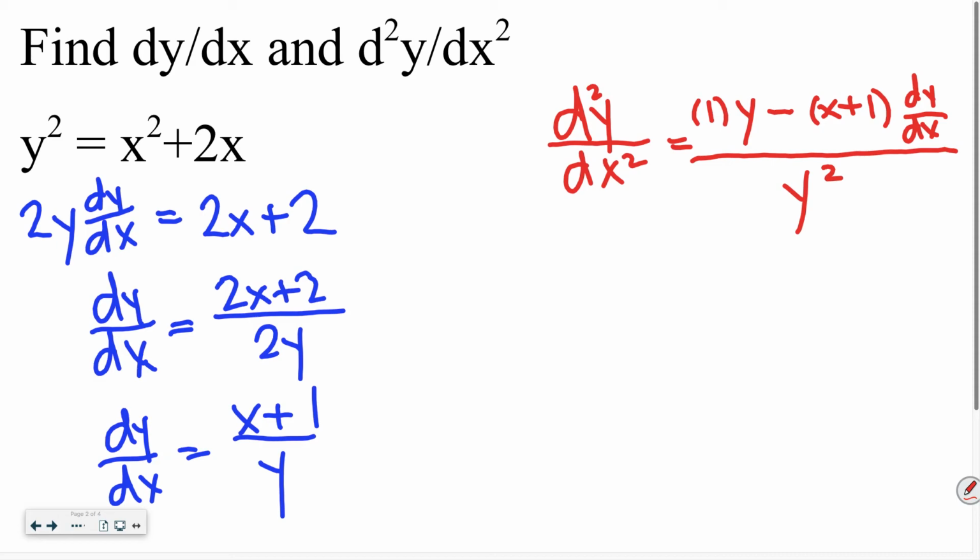Now, we don't need to solve for anything. We are already solved for the second derivative. However, do we know what dy dx is? We know what dy dx is.